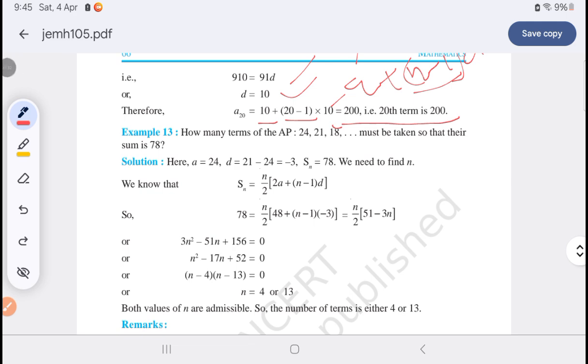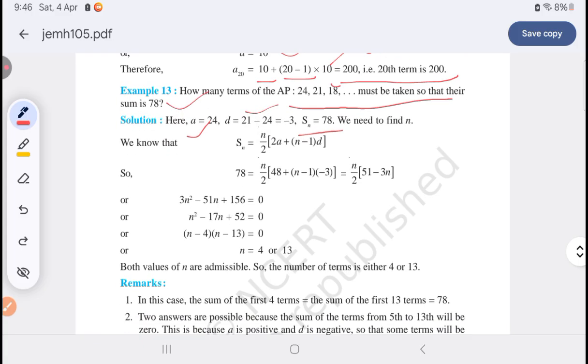How many terms of the AP 24, 21, 18 must be taken so that their sum is 78? So you have to find the number n. Given data is a equal to 24, common difference is minus 3, Sn equal to 78.